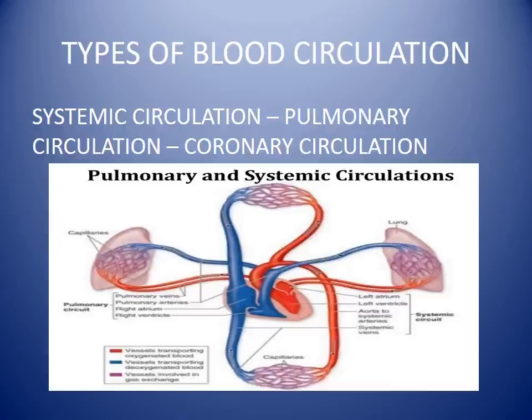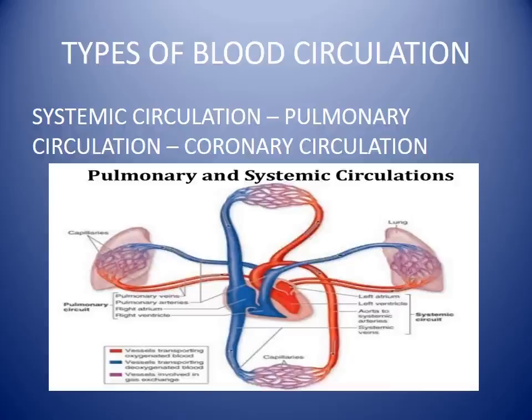Deoxygenated blood from the cardiac muscle drains into the right atrium by the coronary sinuses. First, the cardiac muscle receives oxygenated blood from the coronary arteries that originate from the aorta.